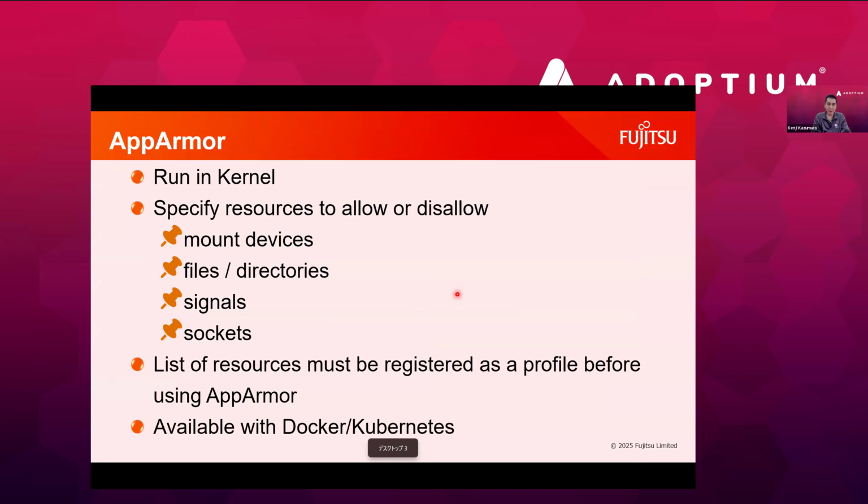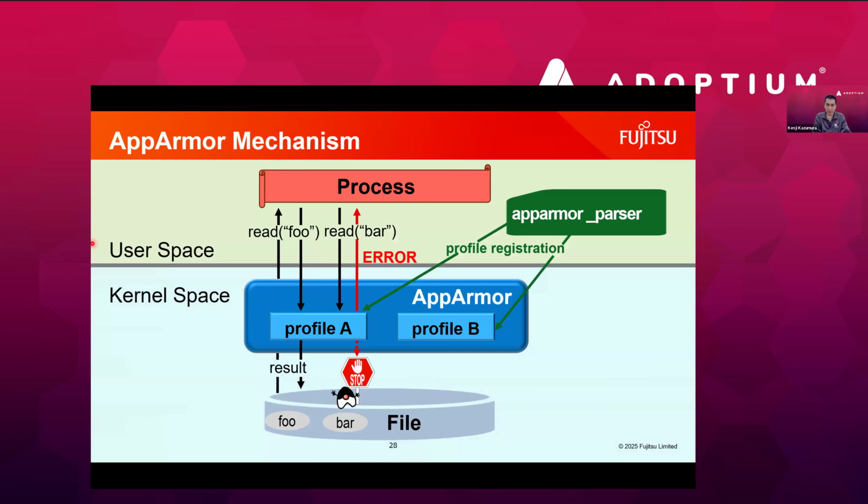Okay, let's move on to AppArmor. AppArmor is almost the same as seccomp, but it's focused on controlling access to resources rather than system calls. You can define rules for files, directories, sockets, signals, and so on. This is the mechanism of AppArmor, and it is very similar to seccomp.